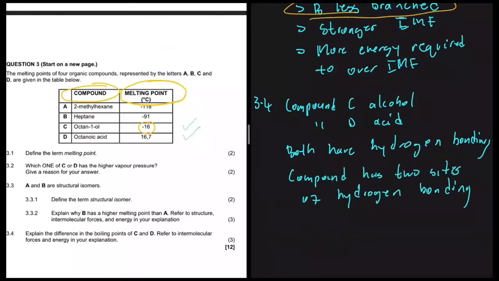Now the question you're asking yourself might be, wait a minute, why are you saying compound D has two sides of hydrogen bonding? That is because acids can undergo a process called dimerization, right? And then alcohols cannot.